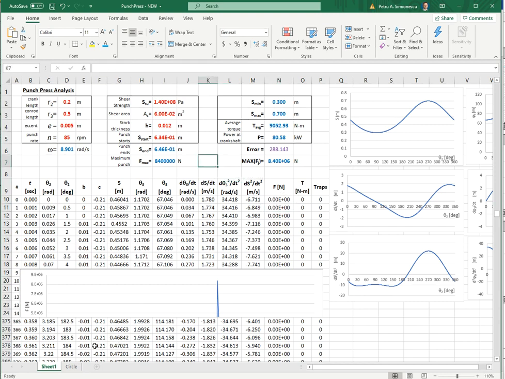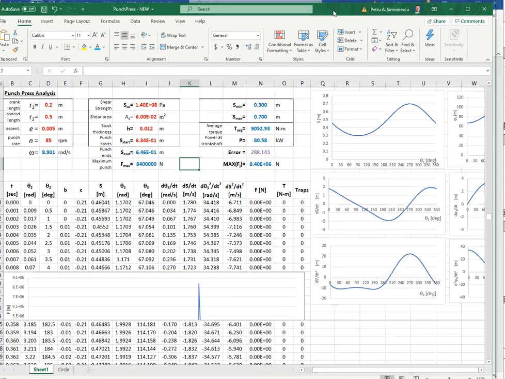Again, I'm not matching exactly the beginning and the end of the punch because of finite resolution of T. And this is the error, the difference between the maximum force as prescribed, calculated using the ultimate strength of the workpiece, and the one that I'm actually getting, not matching exactly where the punch starts as prescribed in column G. And then there are some graphs that I have.